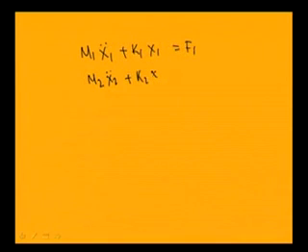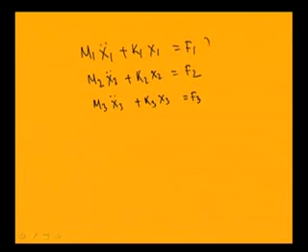First equation will be m1 x1 double dot plus k1 x1 equal to f1. Second equation will be m2 x2 double dot plus k2 x2 equal to f2, and third equation will be m3 x3 double dot plus k3 x3 equal to f3.